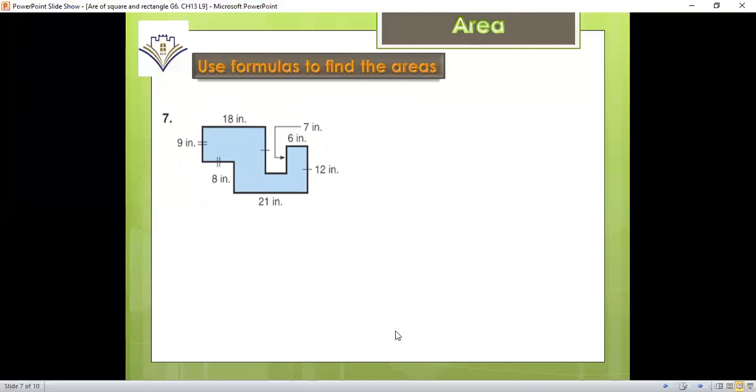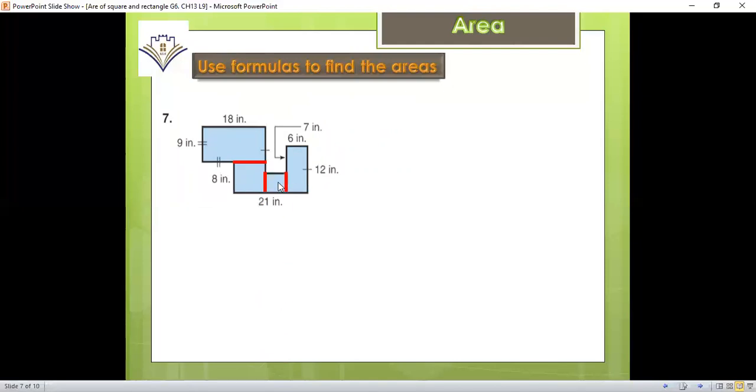We have another question here. I need to divide this shape into maybe four or five parts. Look, we draw this line, then we have a rectangle. Draw another line here, then we have another shape.